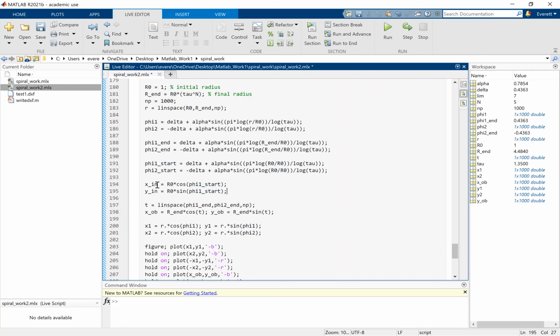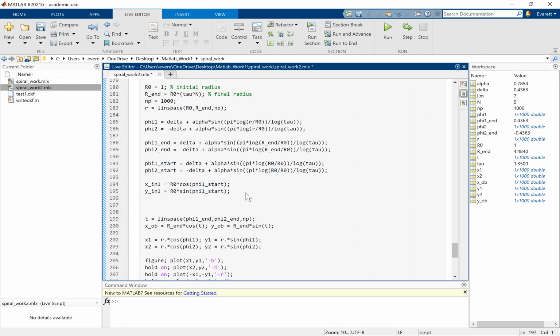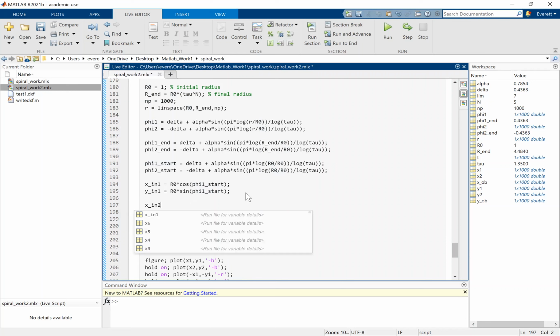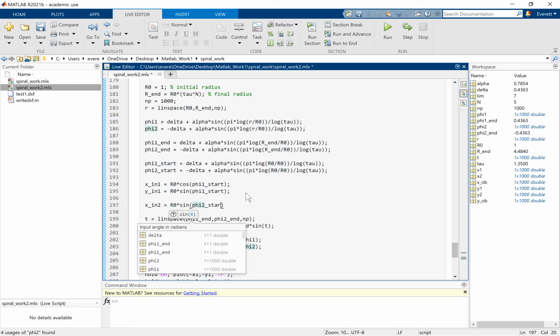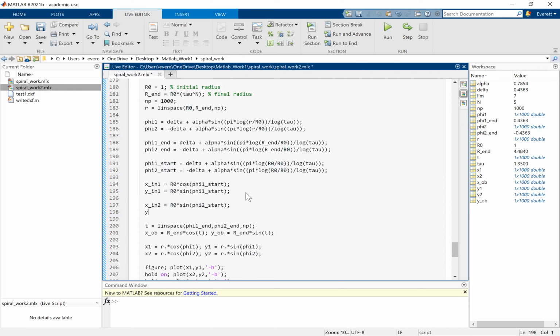All right, but this is just one of the coordinates here. So we need to make the other coordinates. So we have X_inner_bound2 equals R naught times sine of phi2_start. Then Y_inner_bound equals R naught times sine of phi2_start.